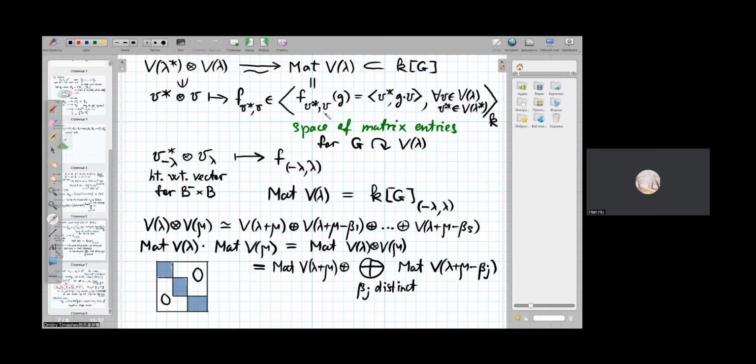And if V and V star are linear combinations of the vectors in the dual bases, then the respective function will be the linear combination of the respective matrix entries. Since we take the linear span here, we get all these functions. So in the definition of the space of matrix entries, it suffices to take V and V star ranging over the dual bases of V lambda and V lambda star.